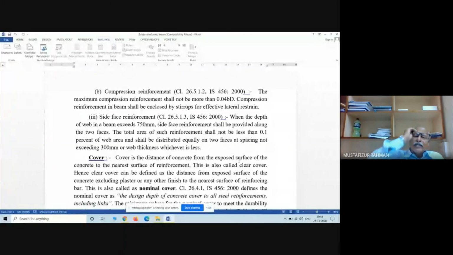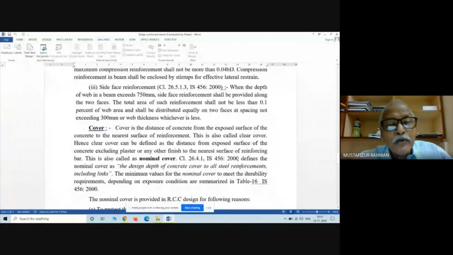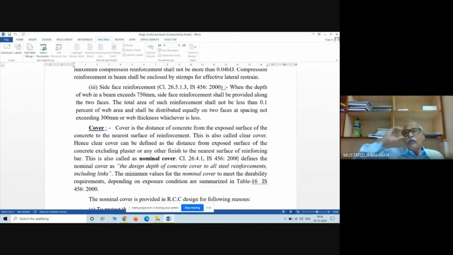But it has no expression, only some percentage, probably 0.1% for the side face reinforcement. You see here, when the depth of web exceeds 750 millimeter, side face reinforcement shall be provided along two faces. The total area of such reinforcement shall not be less than 0.1% of the web area.